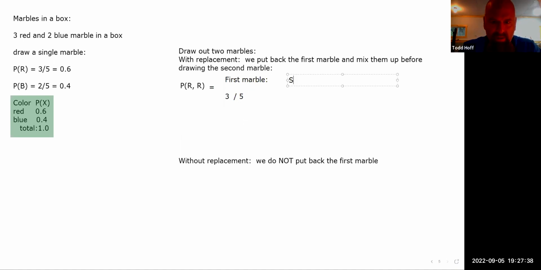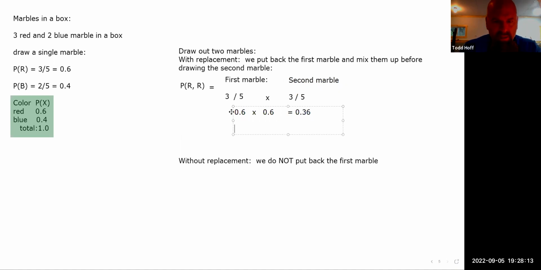For the second marble, this is still with replacement. So we drew out the first one, and if it was red, we looked at it, we recorded it, and then we put it back in and mixed it up. So for the second marble, there's still 3 red marbles in there, and there's still a total of 5 marbles in the box. So this is 0.6 times 0.6 for a probability of 0.36.